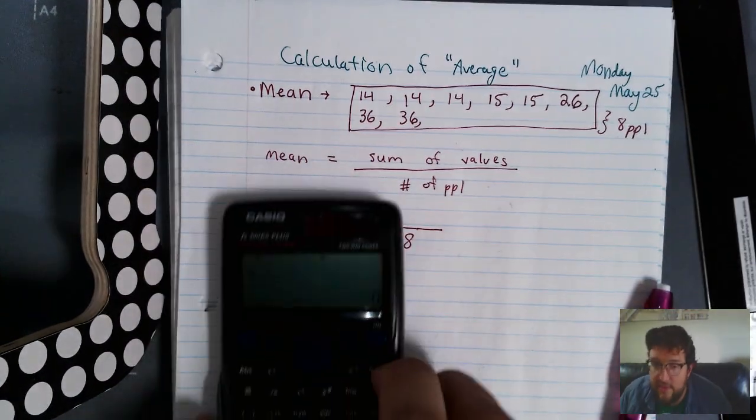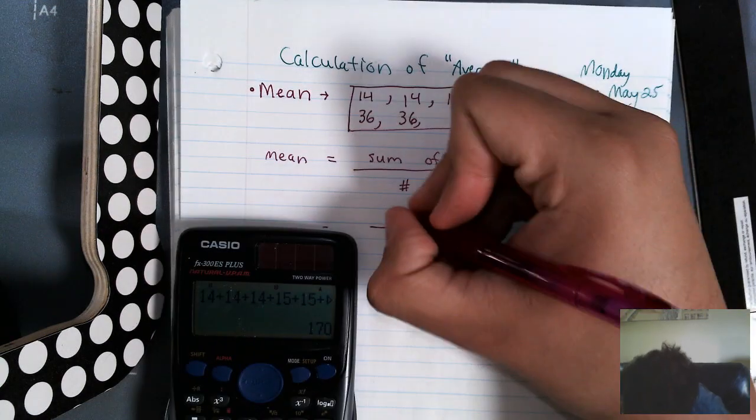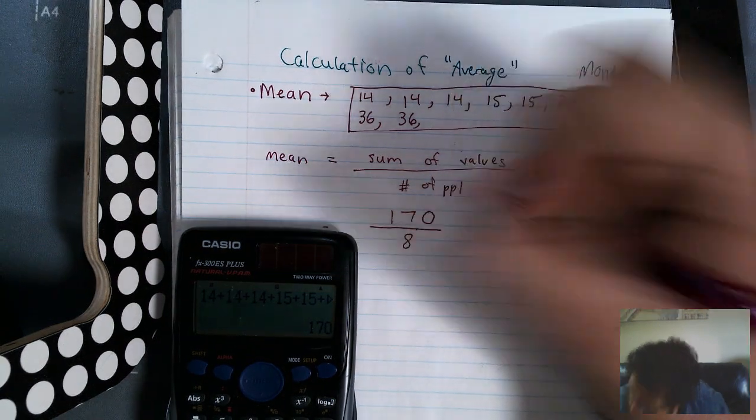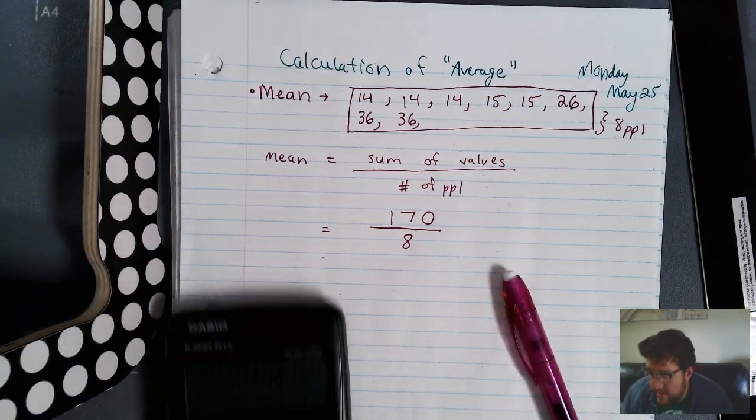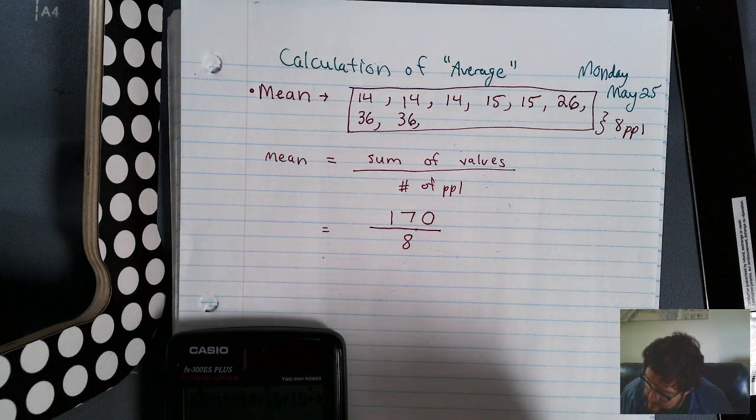So let's see, what's that sum going to be? 14 plus 14 plus 14 plus 15 plus 15 plus 26 plus 36 plus 36 equals 170. 170 over 8.